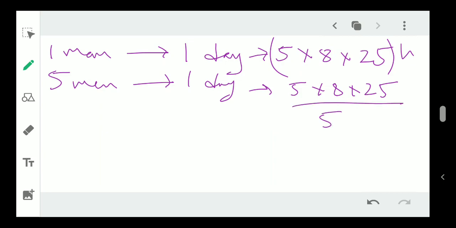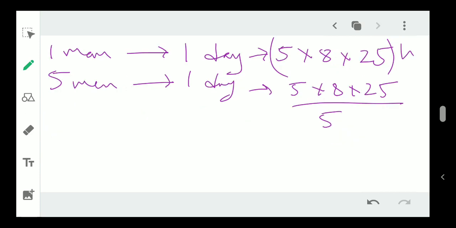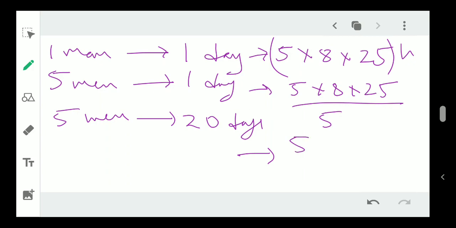Again, I have to find for 20 days also. So see this one, 20 days. That means I will now change the day. So 5 men working for 20 days, then again I have to divide the whole thing by 20.